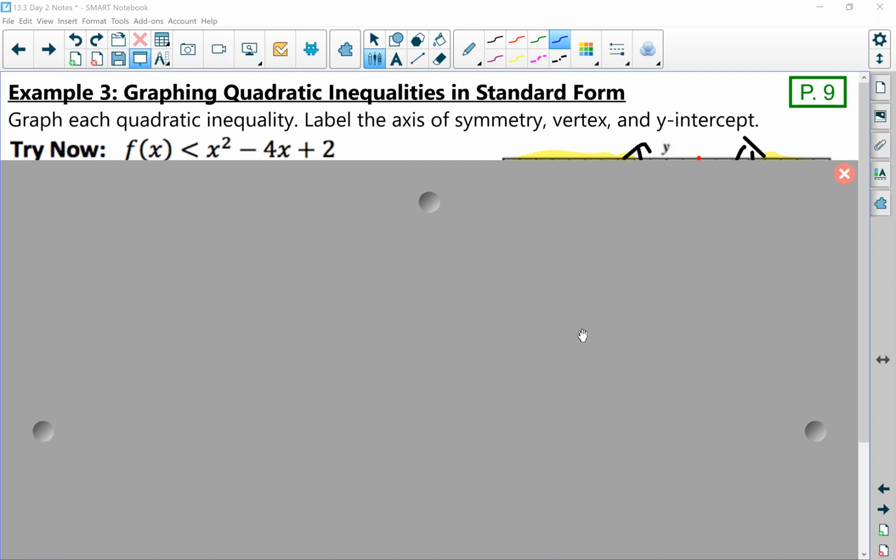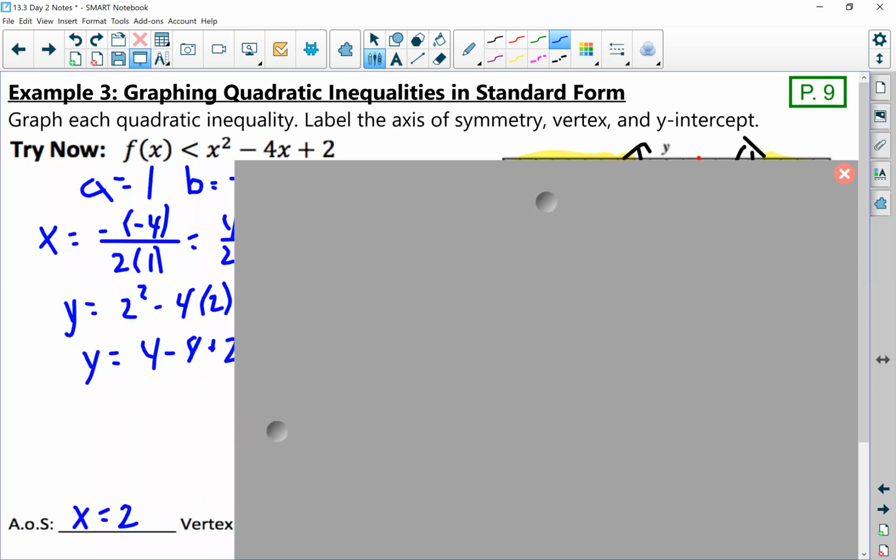Excellent. What about our axis of symmetry? x equals 2. A lot of 2's in this one. Then our vertex is the point (2, -2), lots of 2's in this one. So here's the work for that.